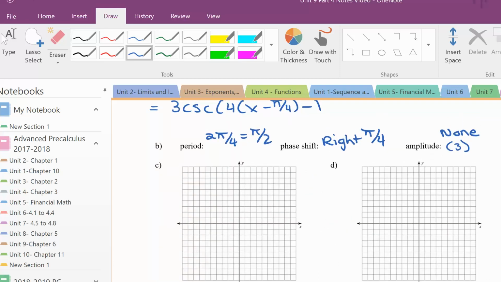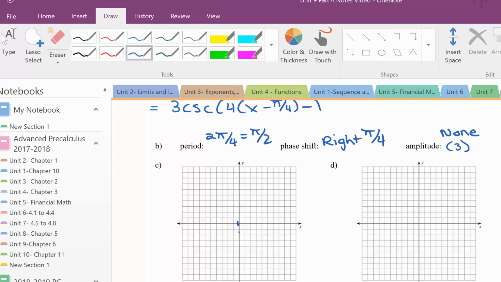So now when you draw the graph of the cosecant, remember the cosecant has an asymptote starting at 0 and going to pi and then 2 pi. So when you start at 0, and now the period is shorter by 4, so that means now that period ends at pi over 2.